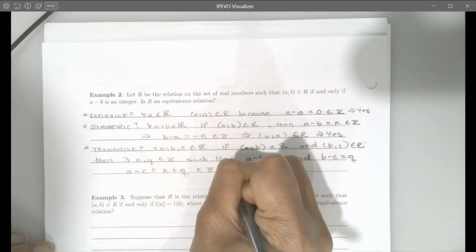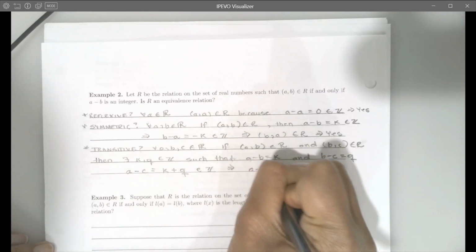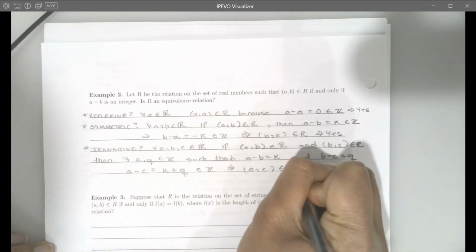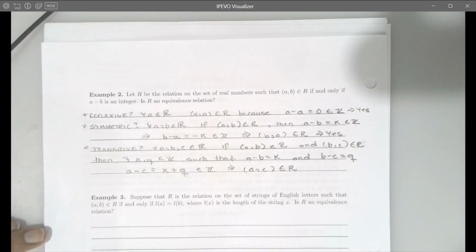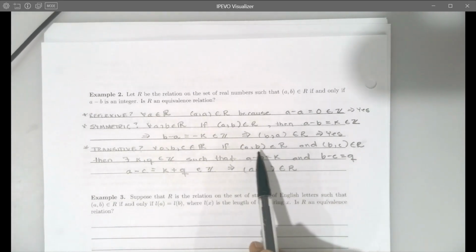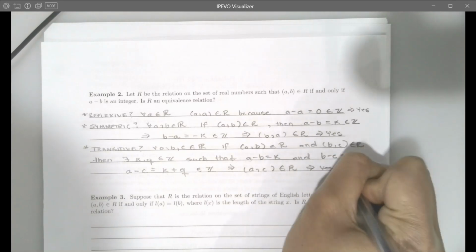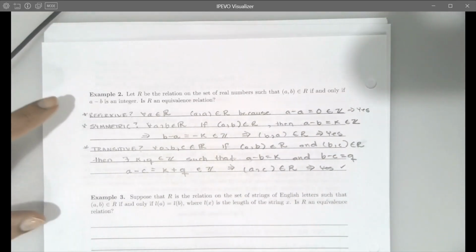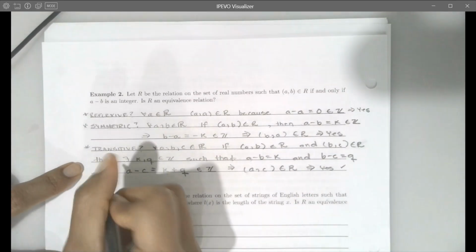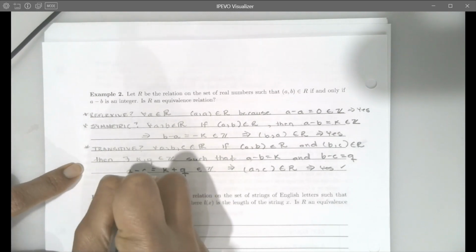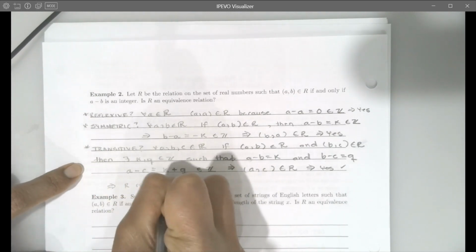And the result of that is that A comma C is also part of the relation. And so because that is the case, that means that this relation is transitive. So again, because all three are satisfied, that means that R is an equivalence relation.